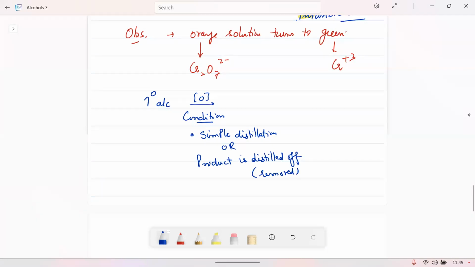We will try to understand what it means. If the examiner says the primary alcohol is oxidized under simple distillation, or the product is distilled off, and they ask what the end product is, you would say aldehyde. You will not say carboxylic acid.